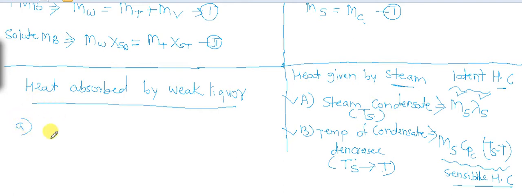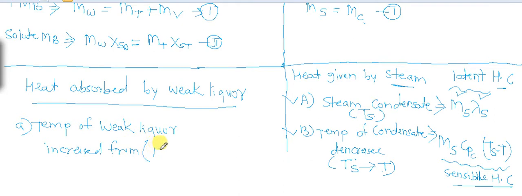First type: the temperature of weak liquor increases from Tf to T, where Tf is the initial temperature. You can call this Tw also. Instead of Tf I just write Tw, because we have written weak liquor, so the temperature is also Tw.